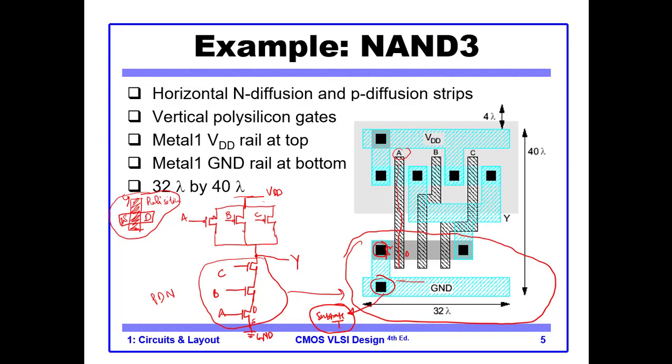And then we consider the B transistor. If we consider the B transistor, you see that here is the drain, source, source, drain. You can see that this one is the source, drain.